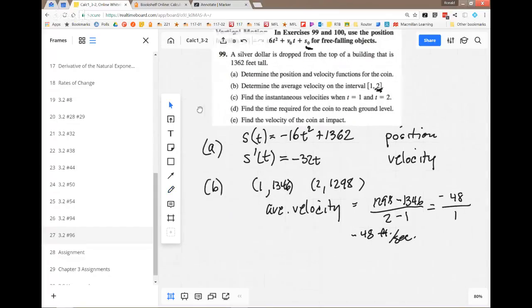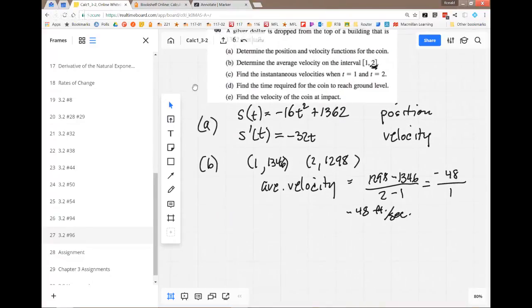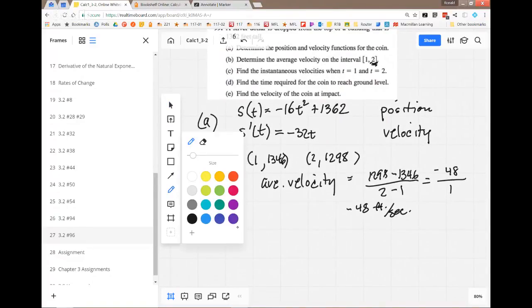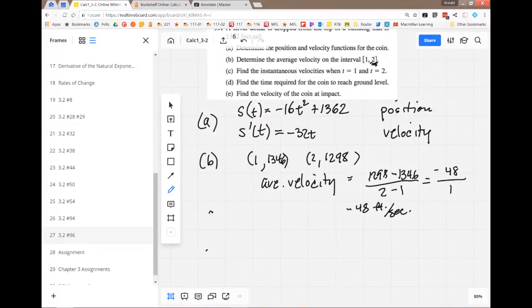Now, I'm going to move this up a little bit so we can see better. Part C. Find the time required for the coin to reach the ground. Okay. Now, this is strictly an algebra problem. All right?